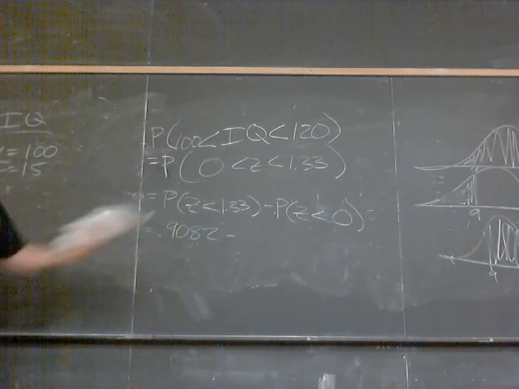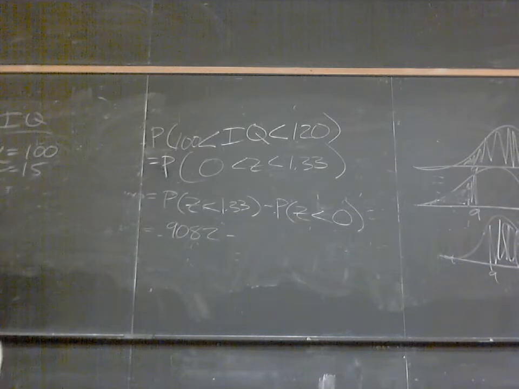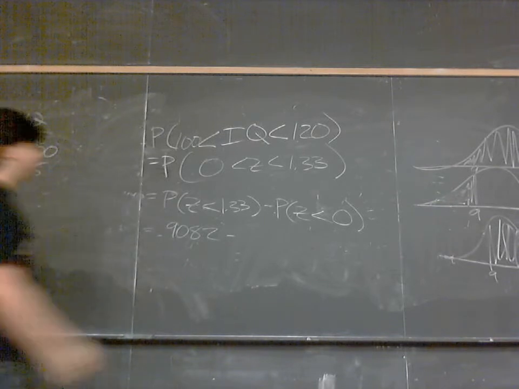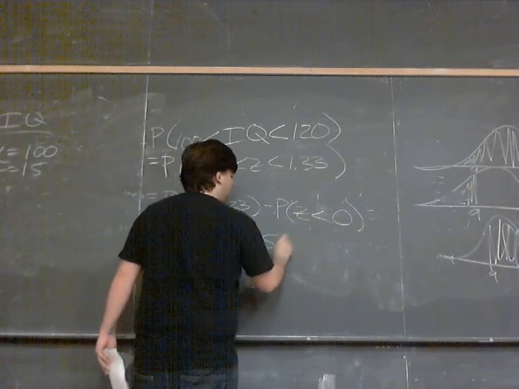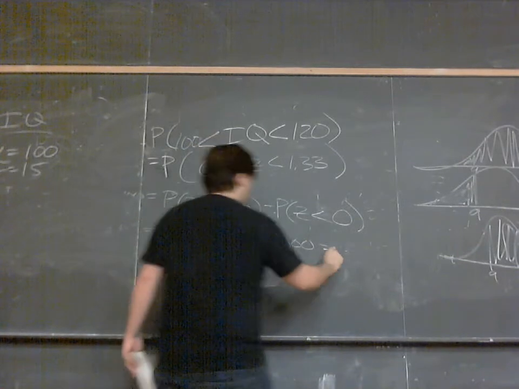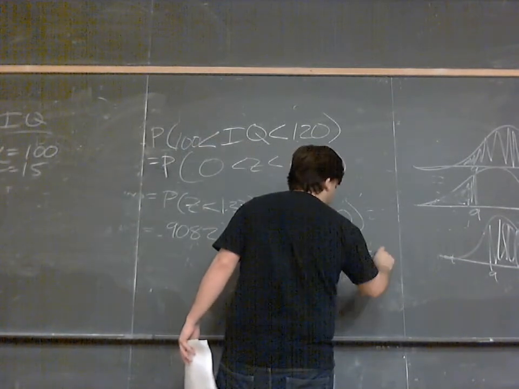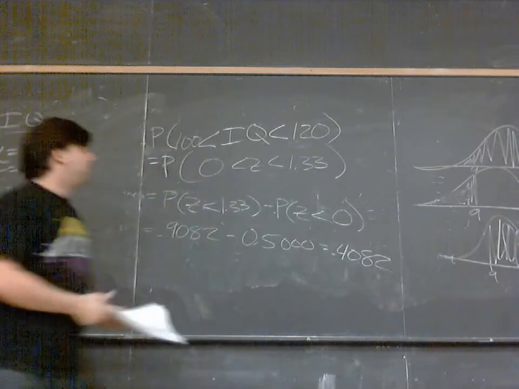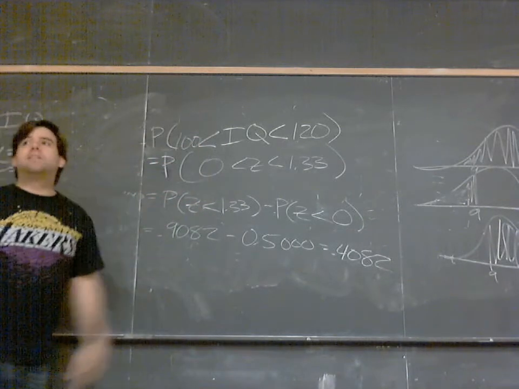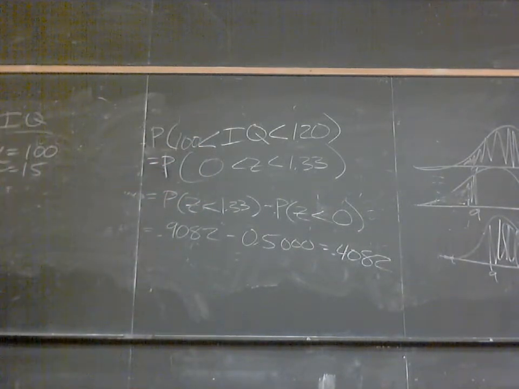Minus the probability that z is less than 0. Do I need a table for that? What's the probability z is less than 0? 0 is right in the middle of the distribution, right? It is the mean. Just a half. 0.5.